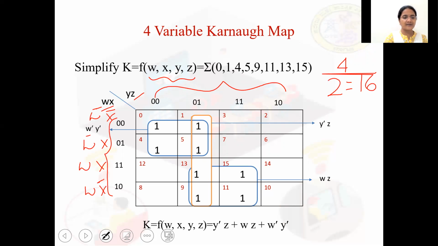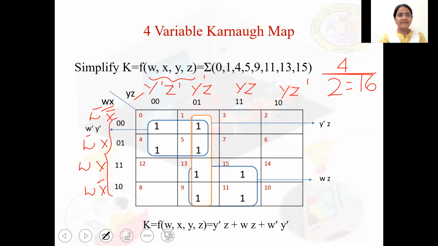Here also we can write the variables, that is Y bar Z bar, Y bar Z, YZ, and YZ bar. We can write either the binary values or the variables.